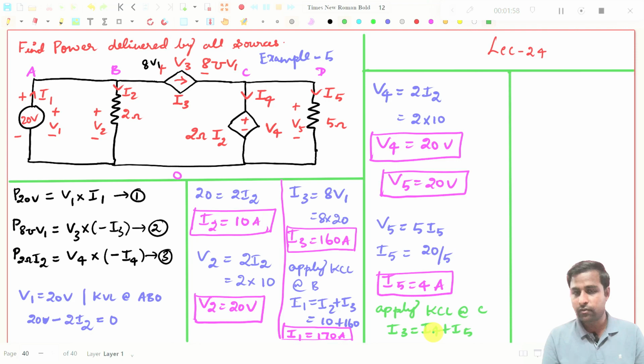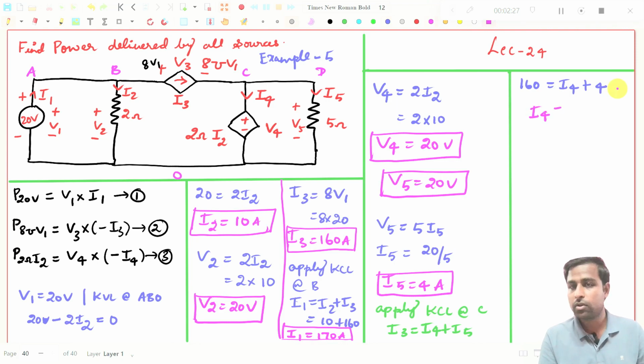Since I4 and I5 are going away, I can write like this. If I substitute these two values here, I3 I already have found, that is 160 amperes. So 160 should be equal to I4, I don't know what is I4, right? So I4 plus I5. I5 I have found, 4 amperes. So this should be 4. So obviously what?